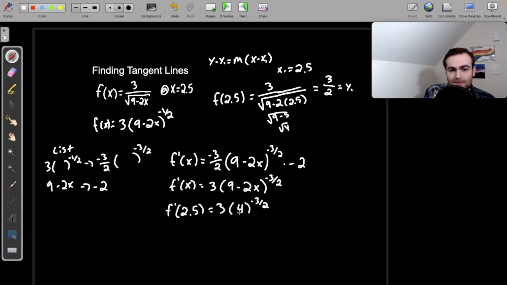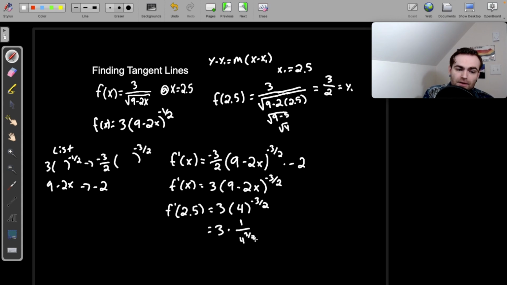Now this, we've got to clean up a little bit. I don't know about you, but I don't know that off the top of my head, so I'm going to make it look a little bit prettier and see how that turns out. So we get 3 times, the negative brings it to the denominator over 1, and then we have 4 to the 3 halves.